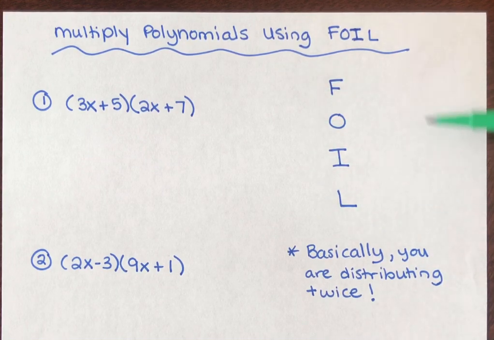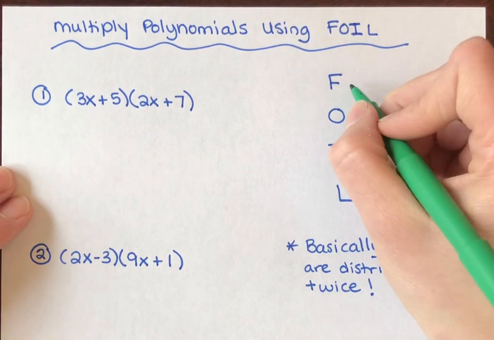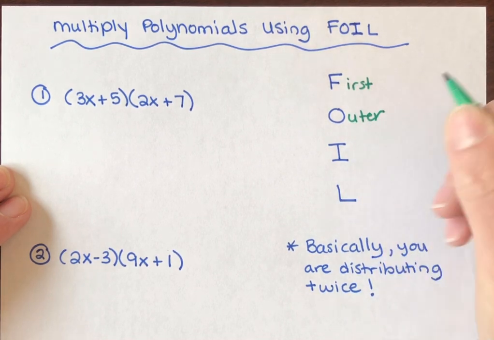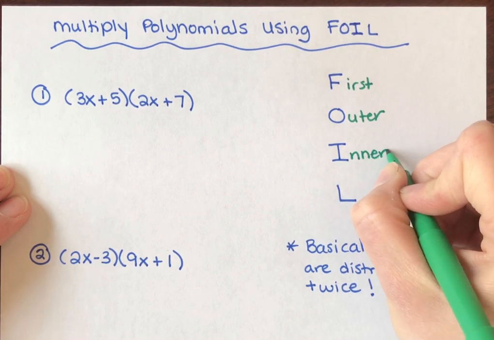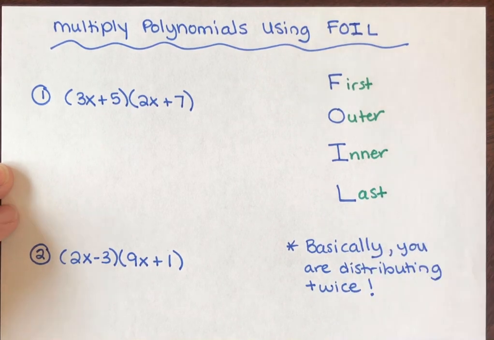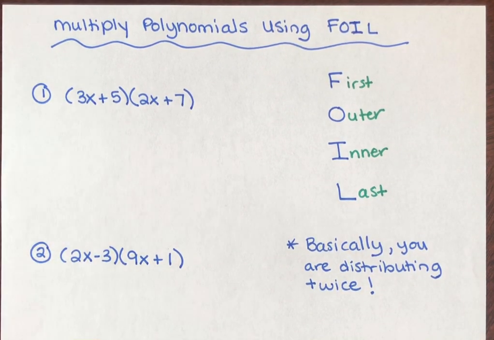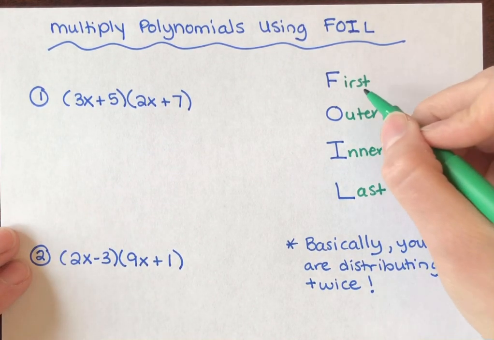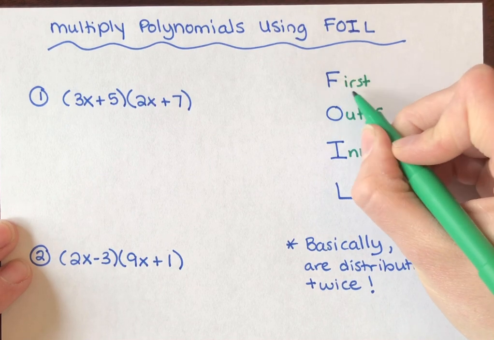The acronym FOIL stands for first, outer, inner, last. So I'll explain what that means with number 1. If I'm taking 3x plus 5 times 2x plus 7, my rule says multiply the first terms together.